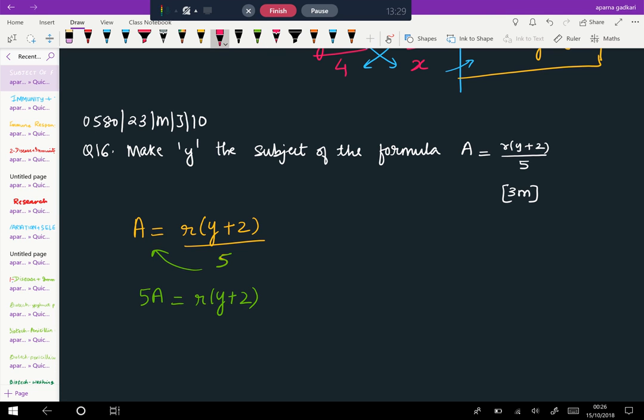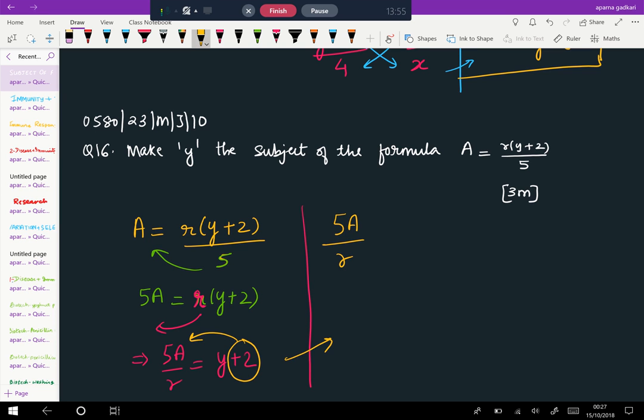So first you'll try to push this r on the other side. From being in the numerator, r goes in the denominator. So therefore we have 5a divided by r is equal to y plus 2. Then we have this plus 2 going to the other side as minus 2. So we have 5a divided by r minus 2 equals y. So this is the required subject of the formula.